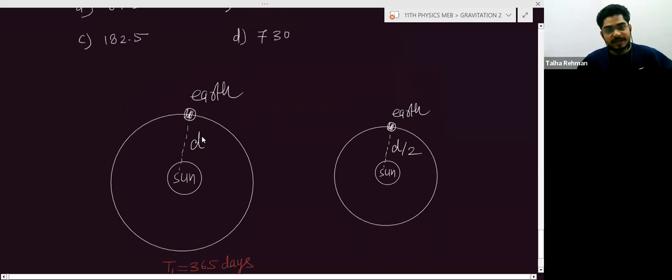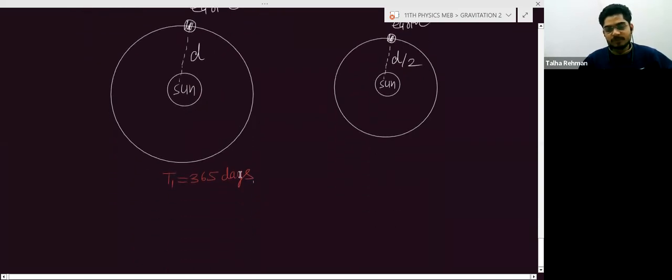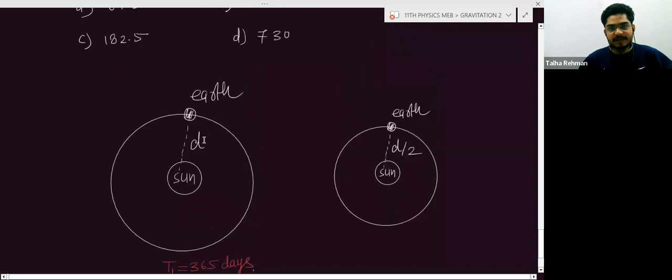So now you can see here, without assuming that the earth revolves around the sun in a circular path, we cannot solve this question. It's very difficult to solve. So we will assume here that earth is revolving around the sun in a circular path.